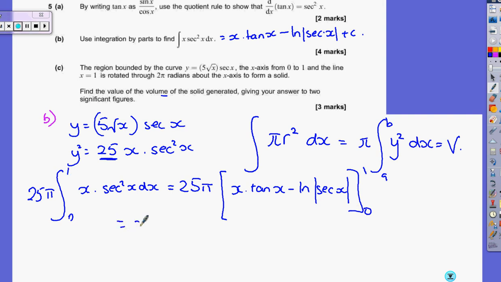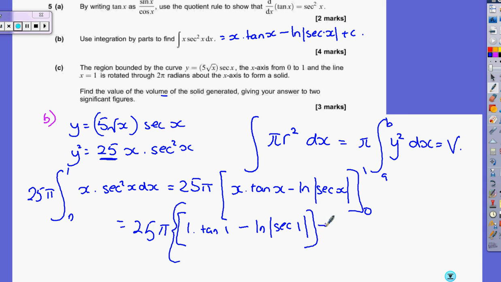Fantastic. So you have 25 pi times 1 tan of 1, a bit weird, minus ln of sec 1. Okay, I need a really big funny bracket here.